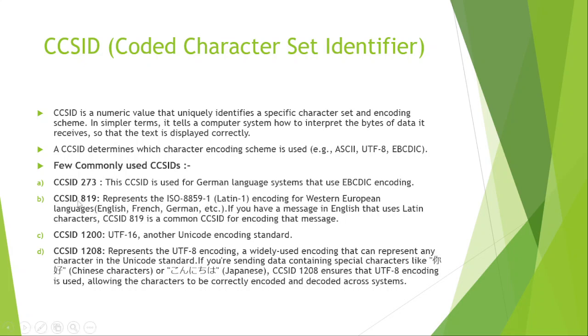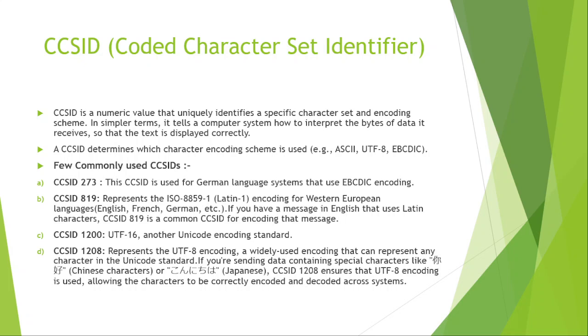This encoding 819 covers many languages, not only English. It covers almost whatever Latin languages are spoken on the Latin side of the world. All these languages have been included under 819.